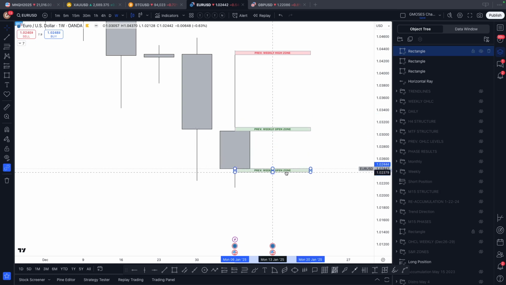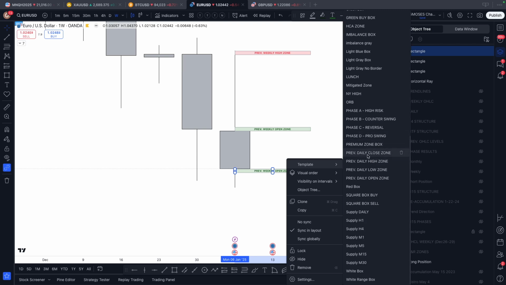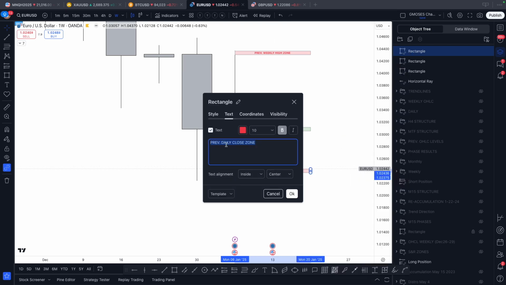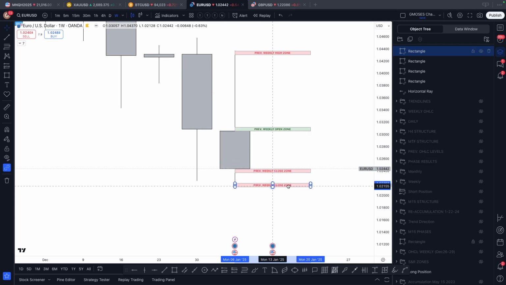Okay, we have our close, because this is a bearish candle. Close will be bearish. And we also have our low.